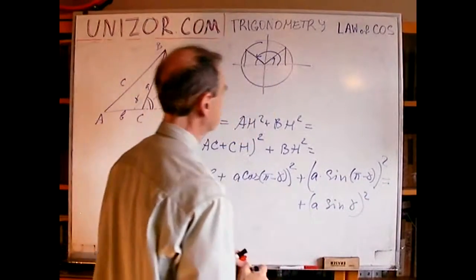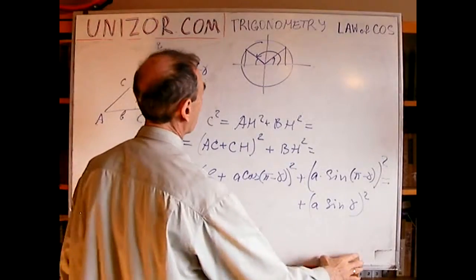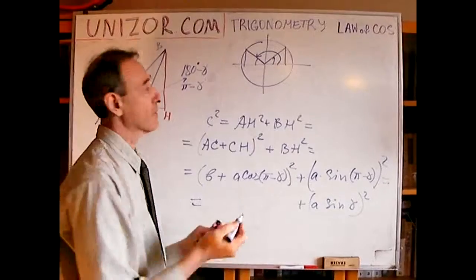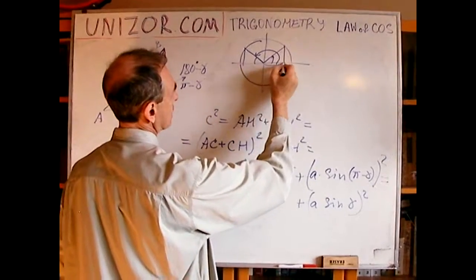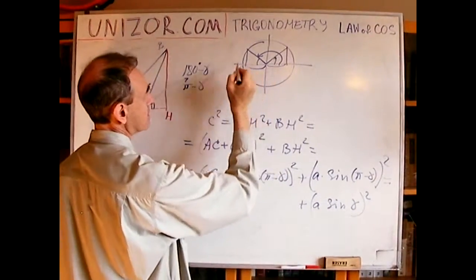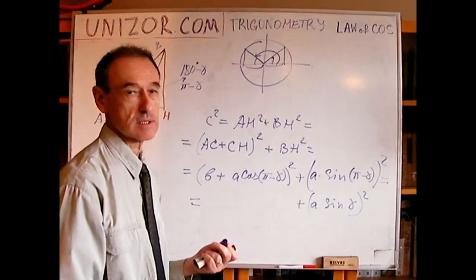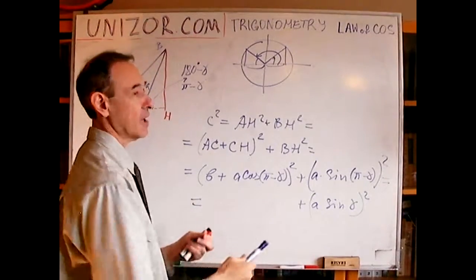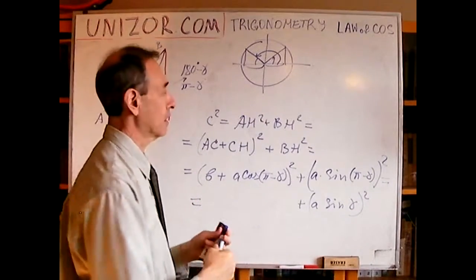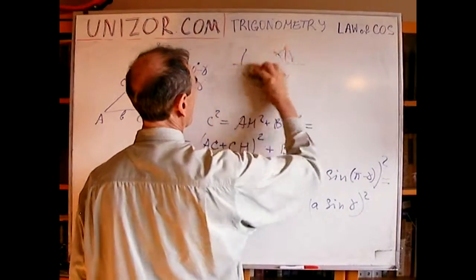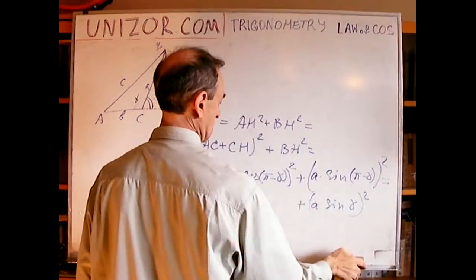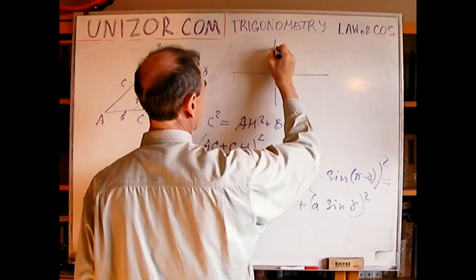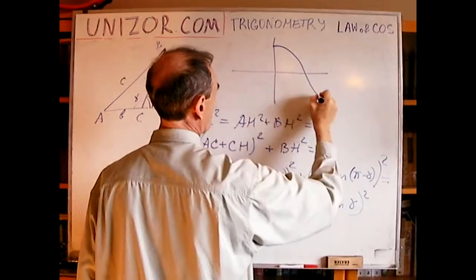What about cosine? Cosine is the abscissa. On the unit circle it looks very good. This is by absolute value the same as this, but they have opposite signs. So my statement is that cosine of pi minus gamma is minus cosine of gamma. On the graph, it looks like this. Cosine goes through 0 this way.